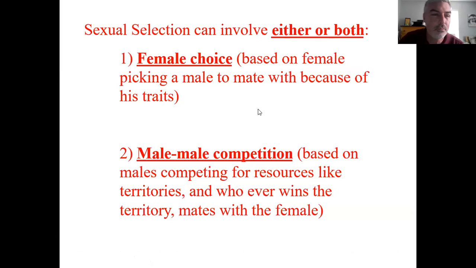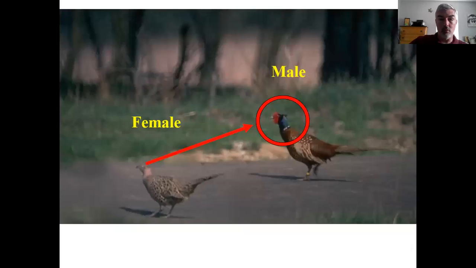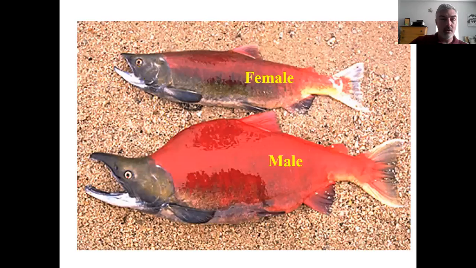So we're going to add a layer of complexity to this. There's female choice in basically environments or situations or societal structures and organisms. And there's also male to male competition. And so female choice, the female is doing all the choosing. Like here, she's looking at him going, whoa, look at that. Or this bird's going, whoa, look at him, right?